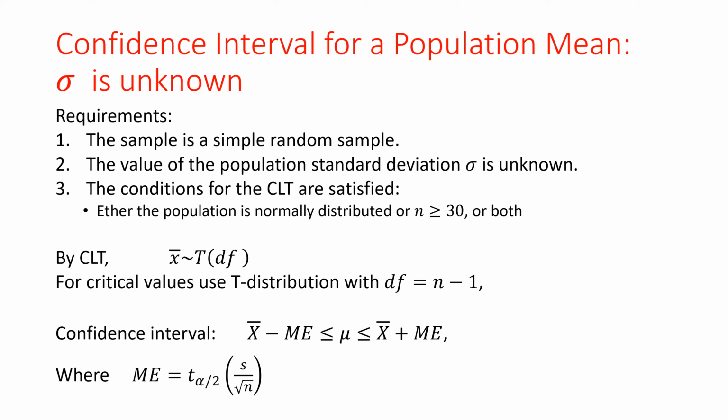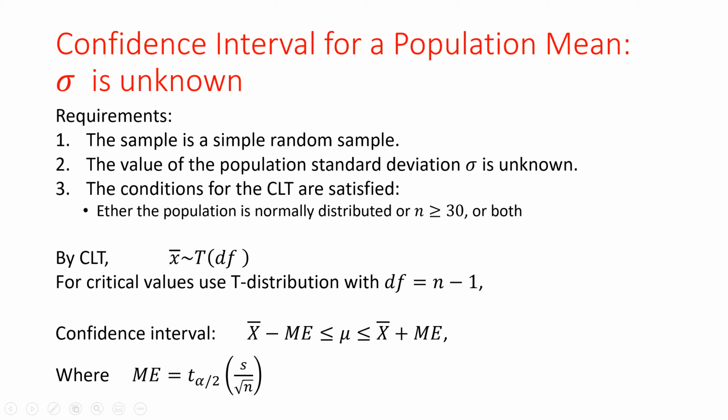Now, what are the requirements? We're going to check the requirements all the time. So the requirements are as follows. We can estimate the population mean if our sample is a simple random sample and we don't know the population standard deviation, and the conditions for the central limit theorem are satisfied.